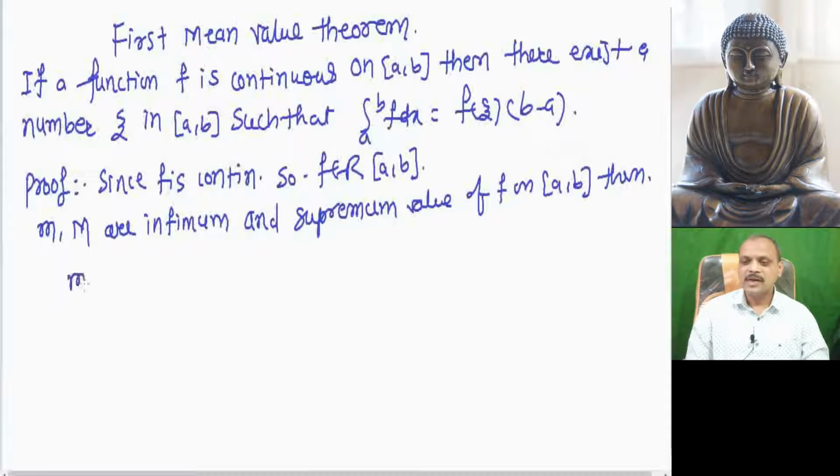Then we have a relation, we know that m times (b minus a) is less than or equal to the integral of f from a to b, which is less than or equal to capital M times (b minus a).